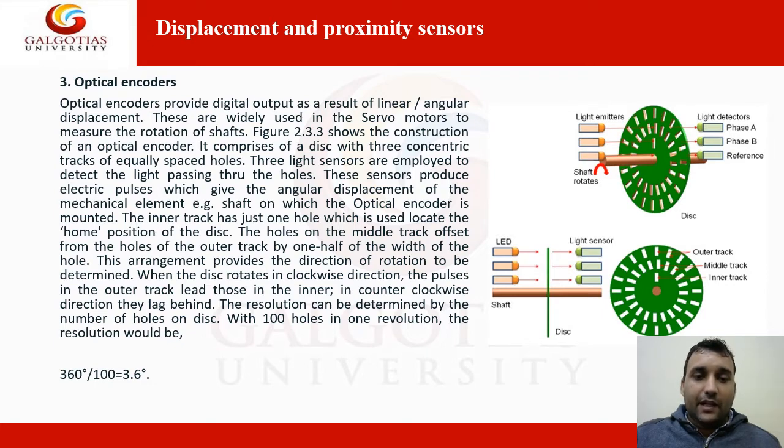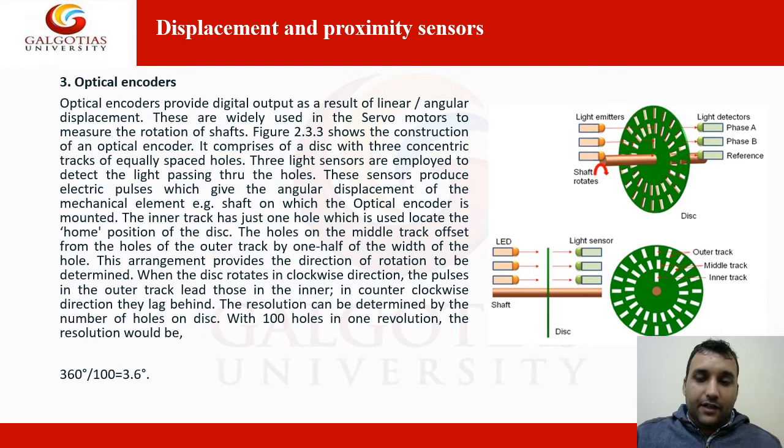These sensors produce electric pulses, which give the angular displacement of a mechanical element, that is the shaft on which the optical encoder is mounted. The inner track has just one hole, which is used to locate the home position of the disc. The hole on the middle track is offset from the holes of the outer track by one half of the width of the hole. This arrangement allows the direction of rotation to be determined.